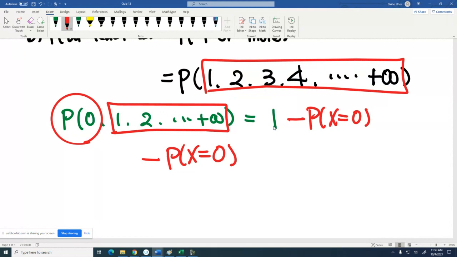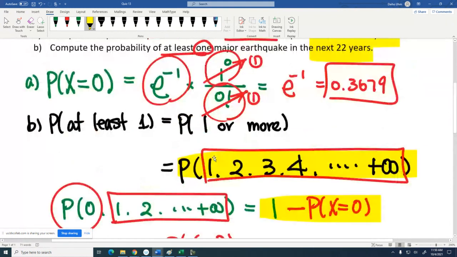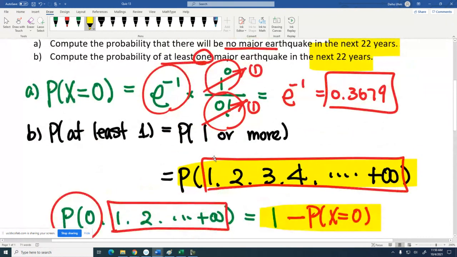That will be the same as the probability from 1 to infinity. What was the name of the rule? Complementation rule. Do you remember the complementation rule? So the probability from 0 to infinity will be the same as 1 minus the probability only at 0.